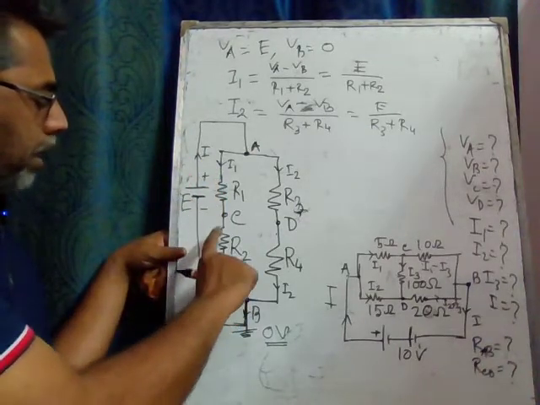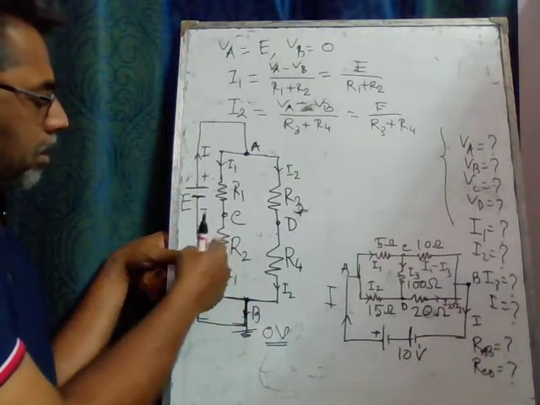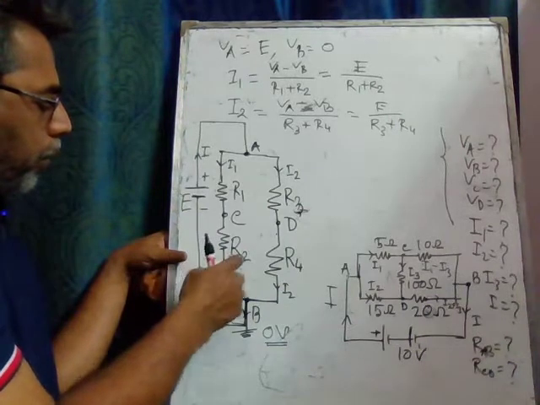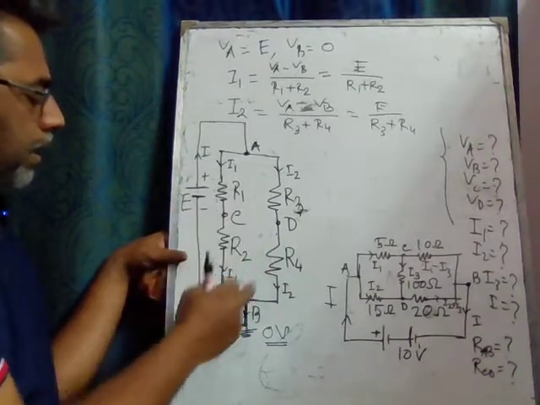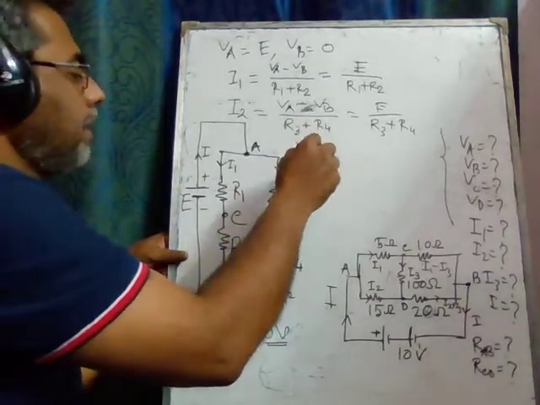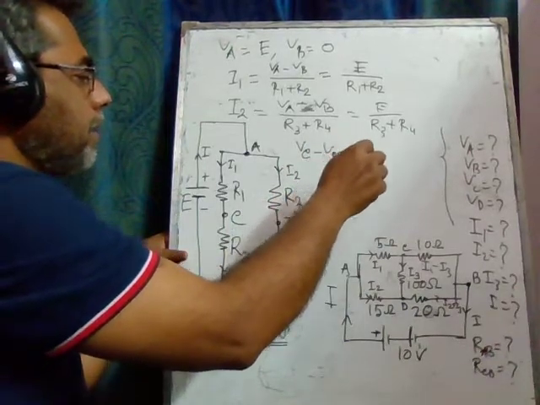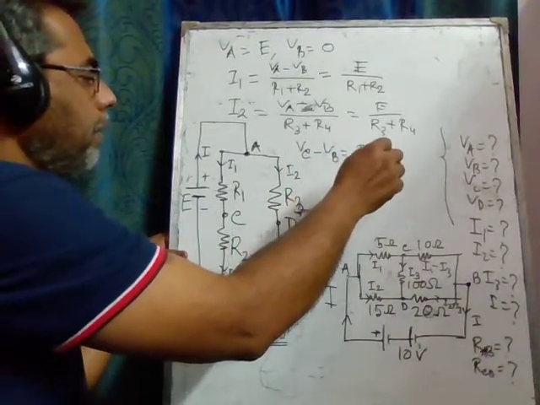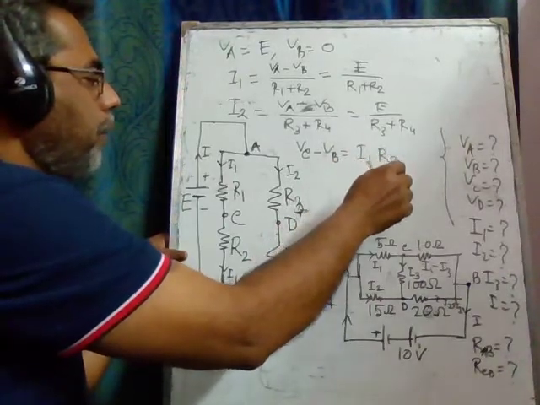So the potential drop across the resistance R2 will give the potential difference between point C and point B. That means VC minus VB must be I1 times R2.